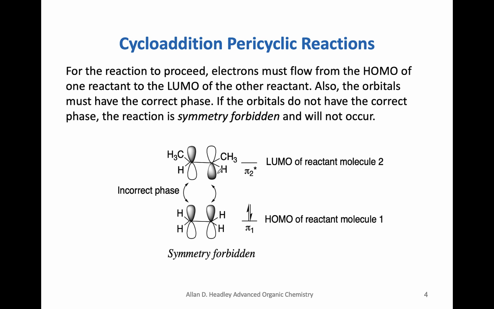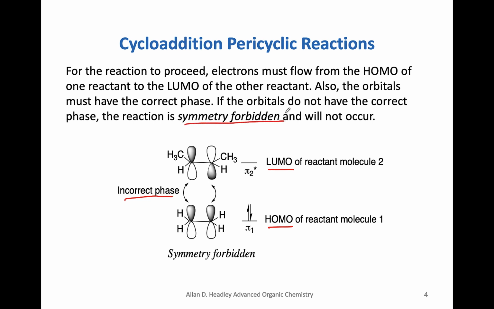So in terms of electron flow and meeting this requirement, you can see here that the phasing is incorrect if we use the HOMO of one reactant in the hope of passing the electrons through to the LUMO of the other reactant. The phasing here is, or should we say, symmetry forbidden.